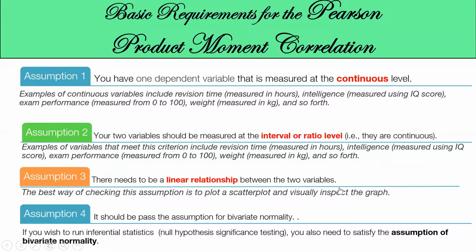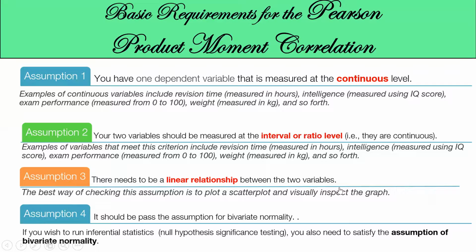There are 4 basic requirements for the Pearson product moment correlation. First, you have one dependent variable that is measured at a continuous level. We have discussed it already in the previous video. Second, your two variables should be measured at the interval or ratio level. Our degree of interest and our mathematics achievement are both at the ratio level.